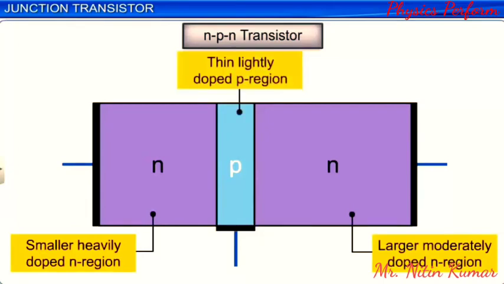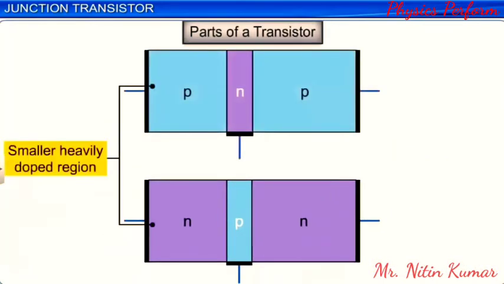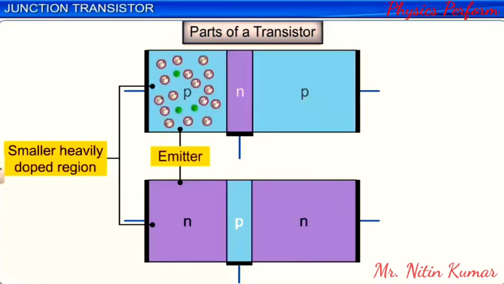The smaller, heavily doped region in a PNP or in an NPN transistor is called the emitter. The emitter supplies a large number of majority charge carriers that are holes in a PNP transistor and electrons in an NPN transistor. The larger, moderately doped region is called the collector.